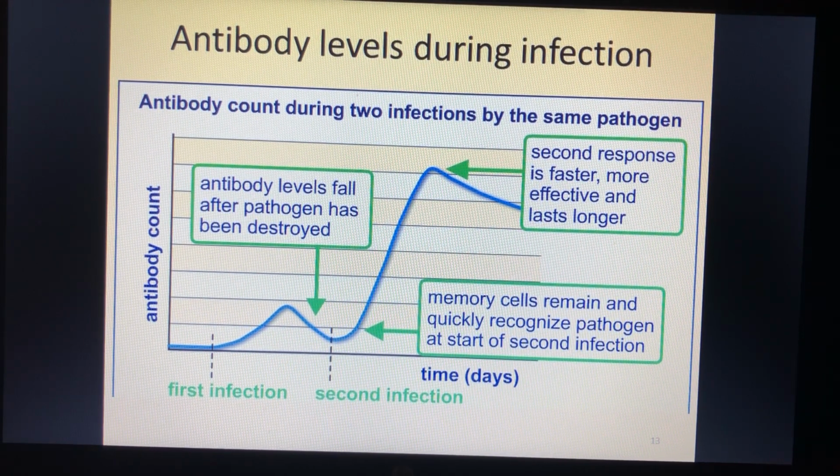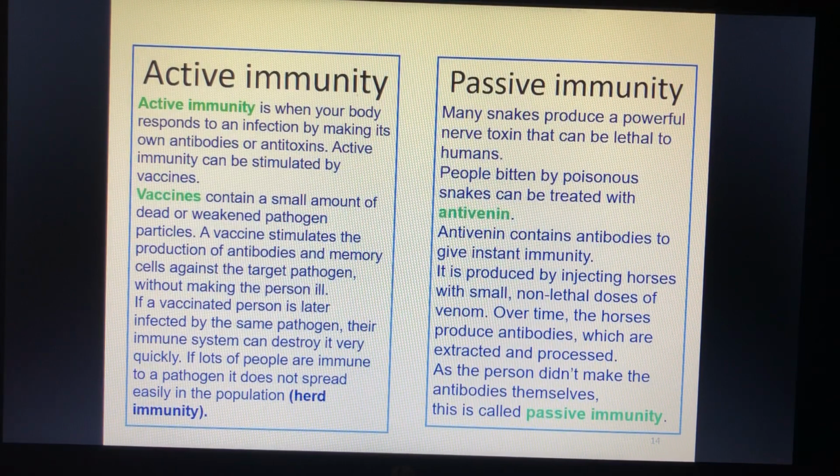Again, those antibody levels fade off again because once we've recovered from it, we don't need the antibodies to stay in the blood, but we do need the memory cells to stay there in case we get infected again. Active immunity can be either getting ill in the first place and our body doing what we've just talked about and making the antibodies, or it can be being infected by a vaccine, small amount of dead or weakened pathogen that stimulates the production of antibodies and memory cells.